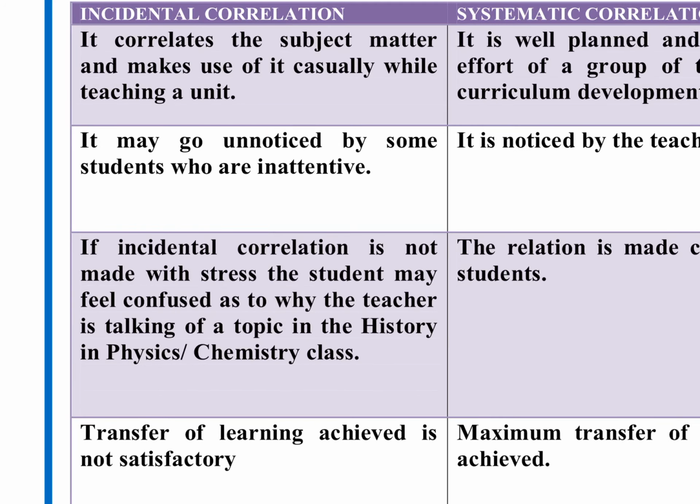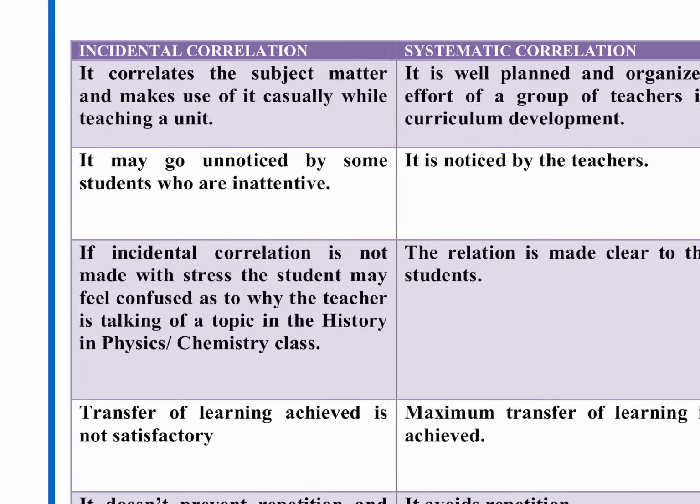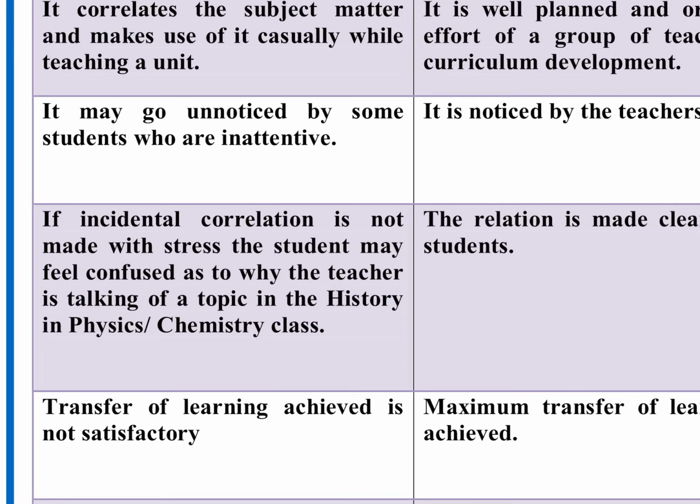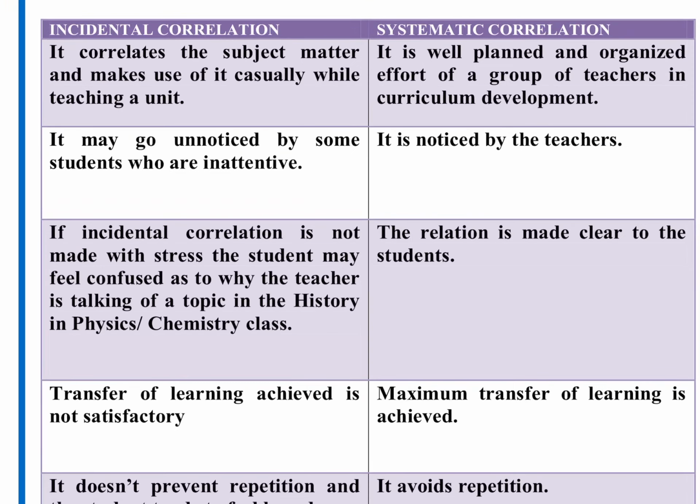And incidental correlation is not made with this stress. The students may feel confused as to why the teacher is talking of a topic from history in a physics or chemistry class. There is a chance that sometimes students think, why is the teacher talking about history, we are learning physics and chemistry.